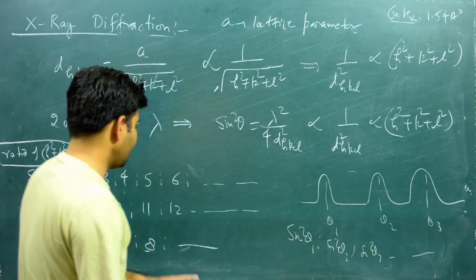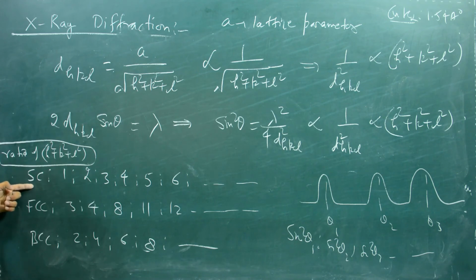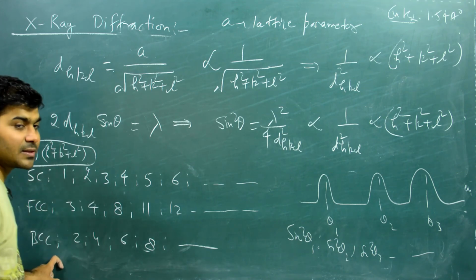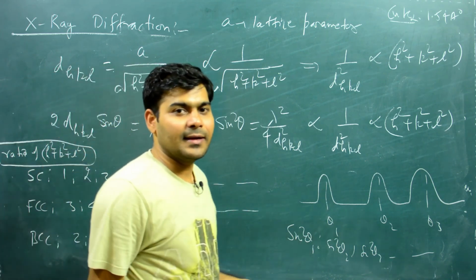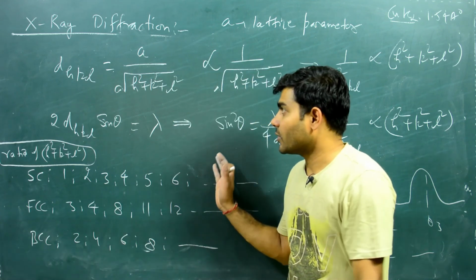If that ratio matches with this, then the structure is simple cubic. If the ratio matches with this, the structure is FCC. If the ratio matches this, the structure is BCC. So this is how we can, on the elementary level, predict out of these three possibilities.